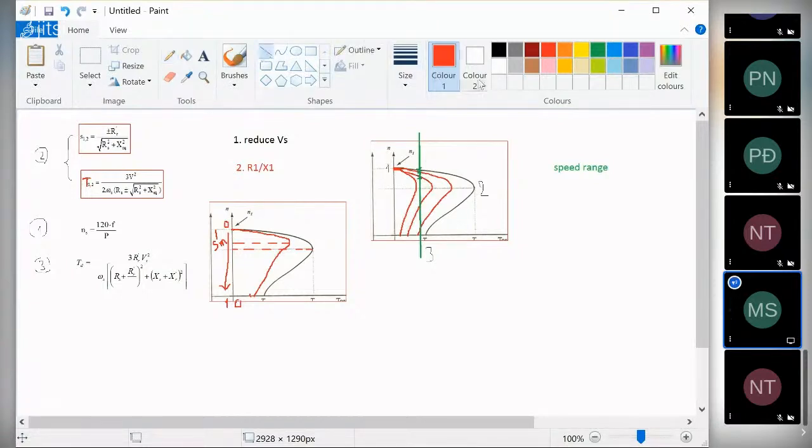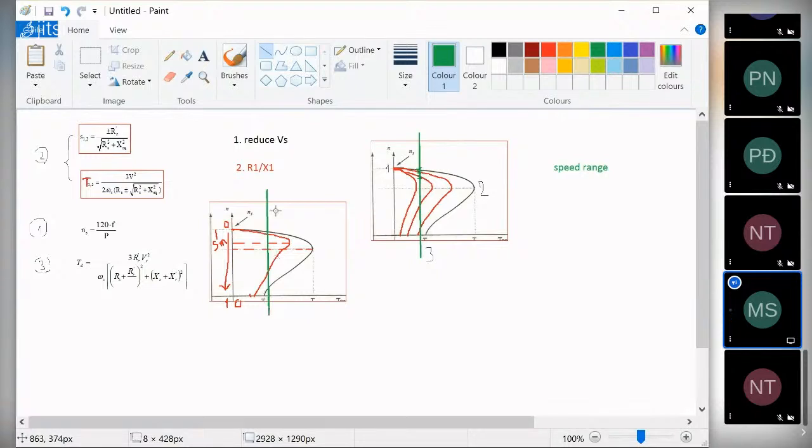Okay. The same question with the reverse section. When the load is constant, will the speed be reduced or increased? Very easy.